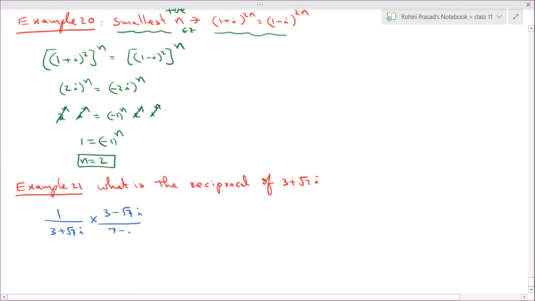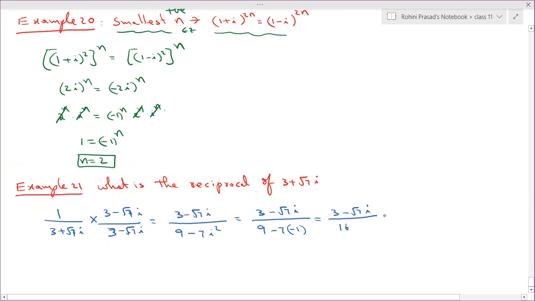Multiply by 3 minus root 7i: 3 minus root 7i by 3 square, 9, minus 7i square. 3 minus root 7i by 9 minus 7 into i square, which is minus 1. So 3 minus root 7i by 7 plus 9, 16. That's the answer.